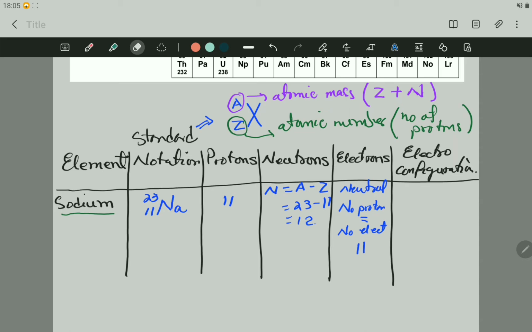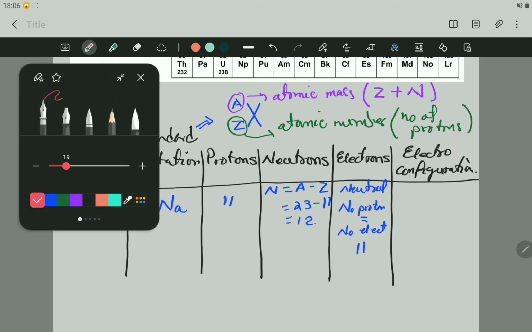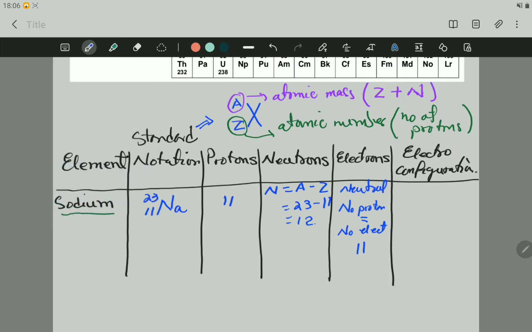Now, let's go now to the electron configuration. Remember, we are going to represent the energy levels as numbers and the orbitals as letters, and that will be 1s, 2s, 2p, 3s, 3p, and 4s. All right, and the number of electrons in each orbital will be written as an exponent.